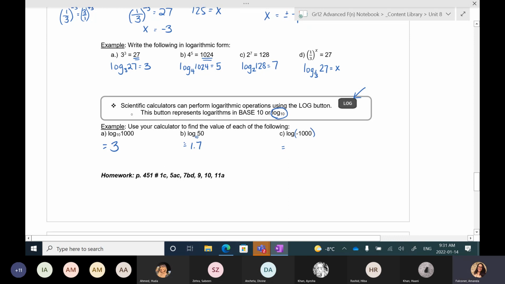Well, I can take the logarithm of 1000, but I can't take the logarithm of that negative number. So if we put that into our calculators with the negative, you're going to get an error message. So this does not exist because 10 to the exponent of y is never going to be equal to negative 10,000.